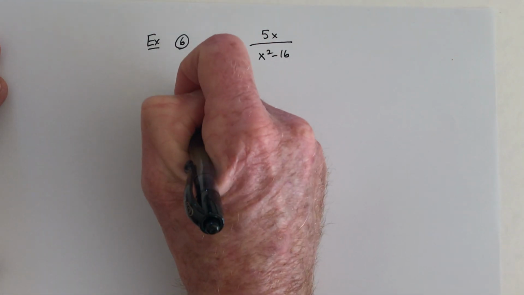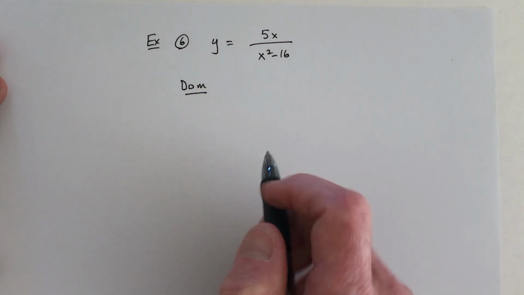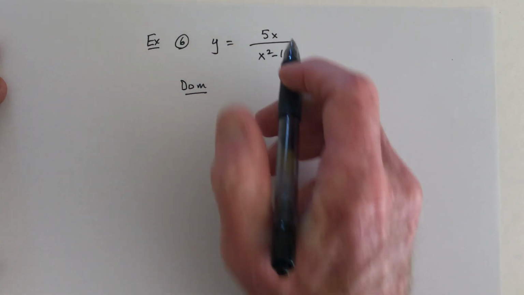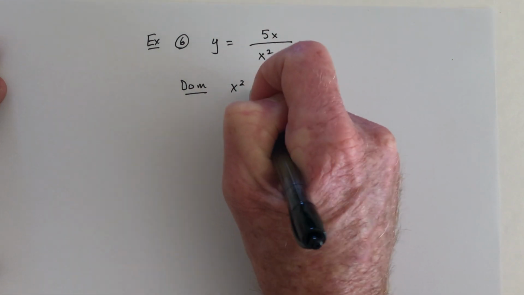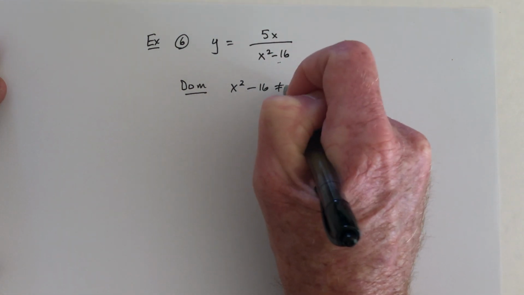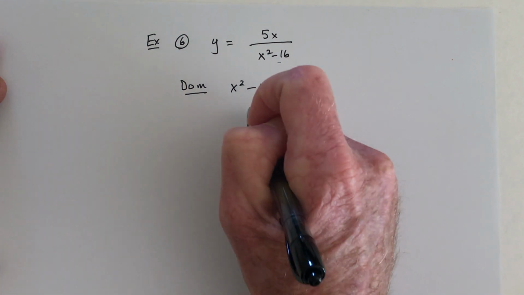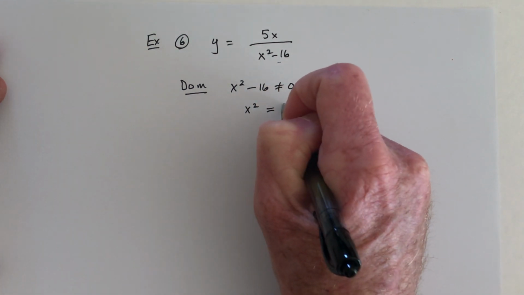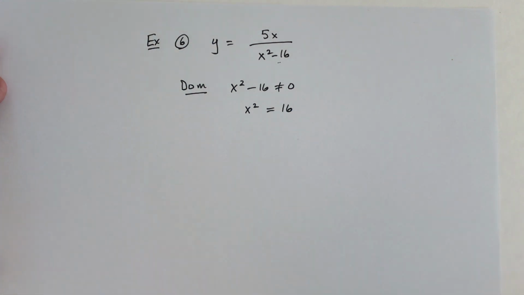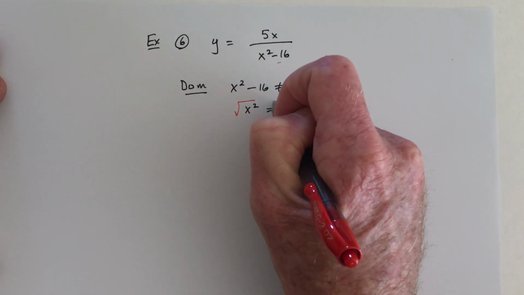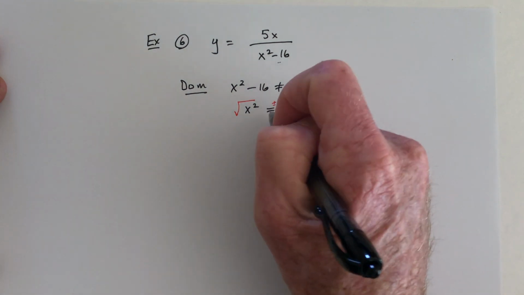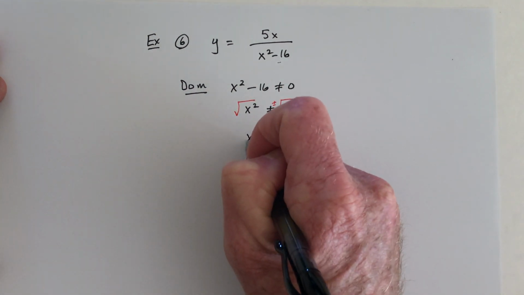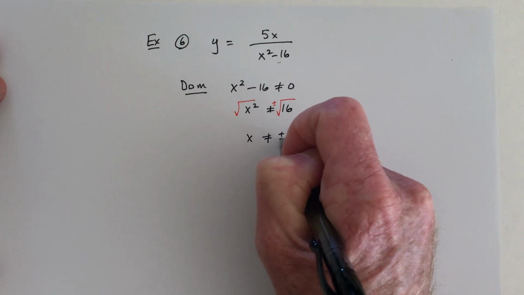So for the domain, if you put the bottom equal to 0, that would cause division by 0 and it would be undefined. So in other words, x squared minus 16 cannot equal 0. And then add 16 to both sides. So I get x squared equals 16. And then take the square root of both sides, and when you do, don't forget to put plus or minus because there are 2 answers. So x cannot equal plus or minus 4.